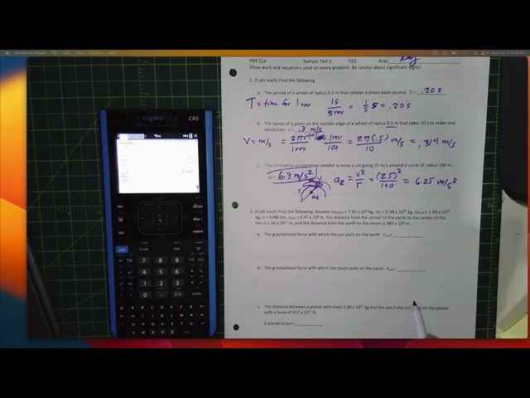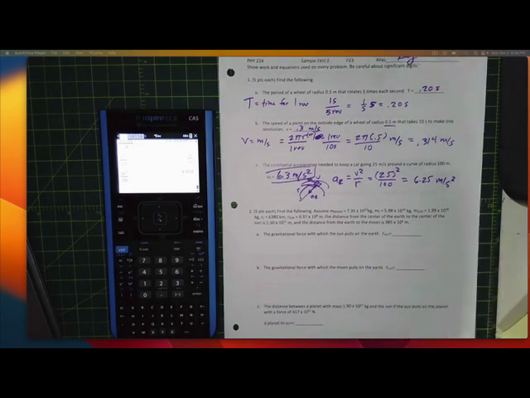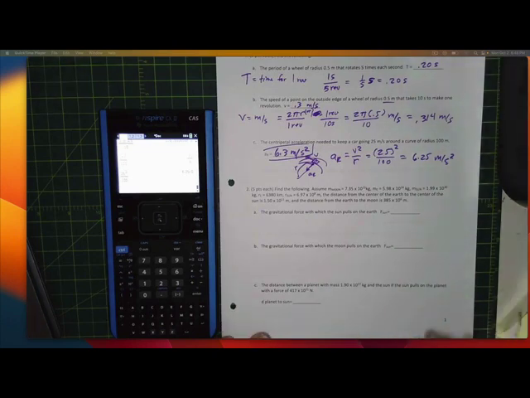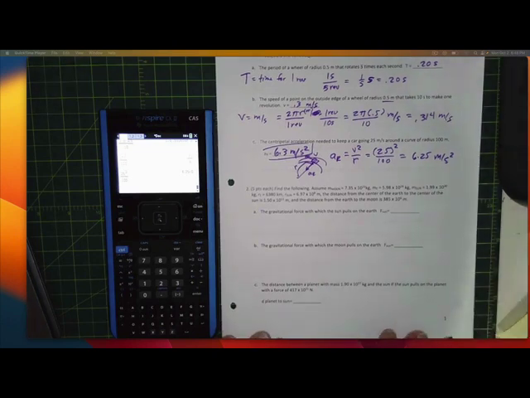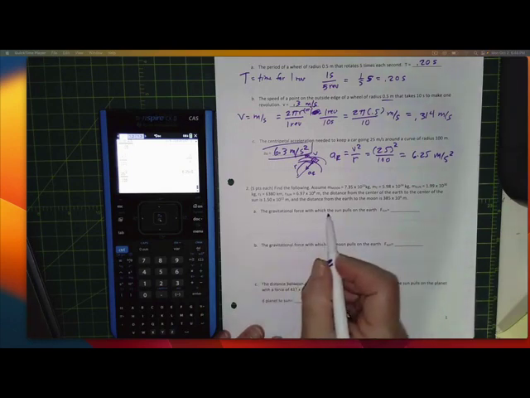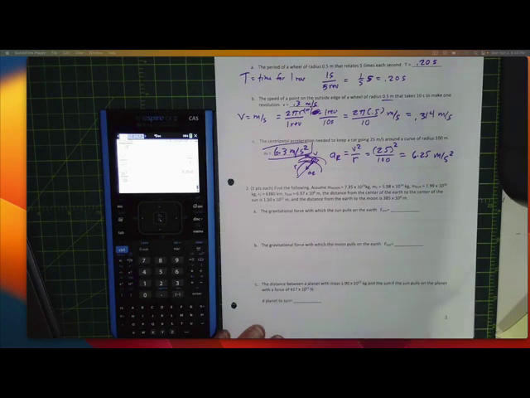Alrighty. Number 2, looking at gravitational forces here. We've got a bunch of information in terms of the mass of the moon, sun, earth, radius, distance between things. So let's look at what we need. Gravitational force with which the sun pulls on the earth.